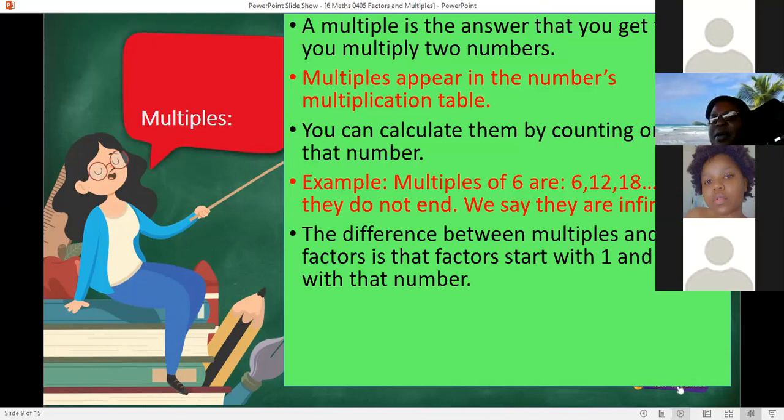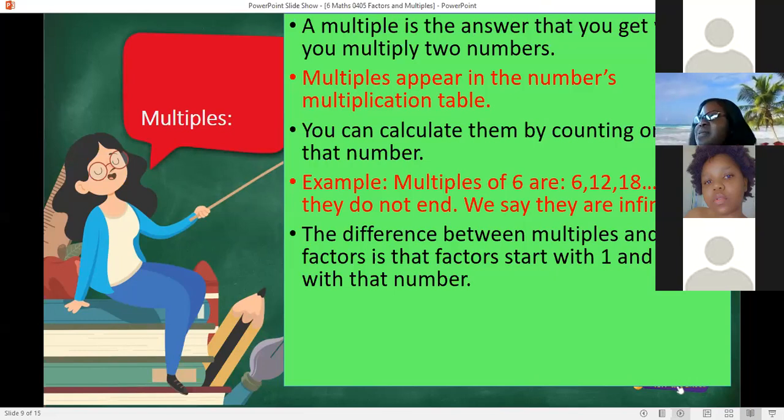And one thing about multiples, they do not end. If I say you have to tell me the multiples of 6 now, you'll spend the rest of your life counting in multiples of 6, because multiples are infinite. But with factors, they start with 1 and they end with that number. Multiples start with the number and do not end.